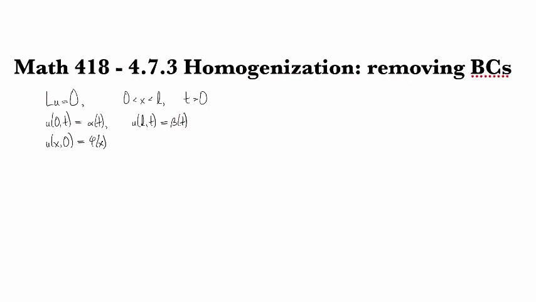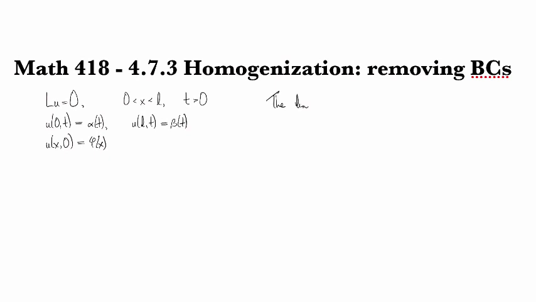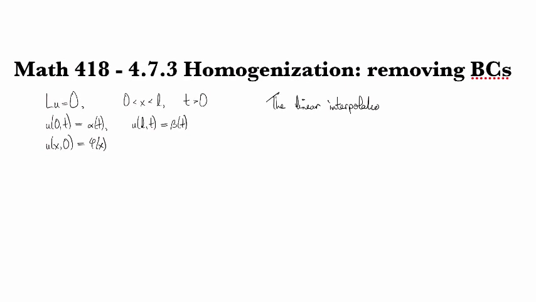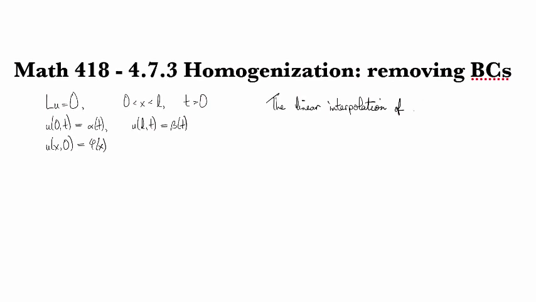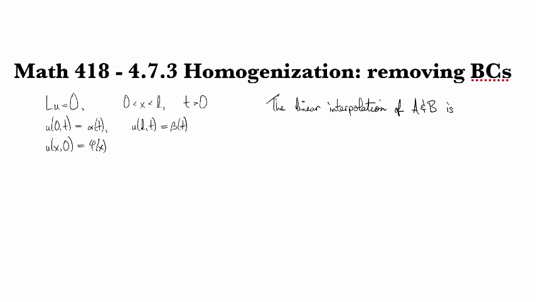So just to see where the idea comes from, recall that if you're in any vector space, the linear interpolation between 2 points in that vector space, the linear interpolation of A and B, is sometimes called the straight line path.